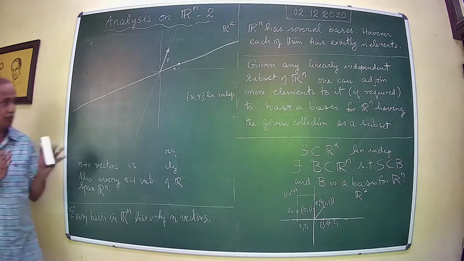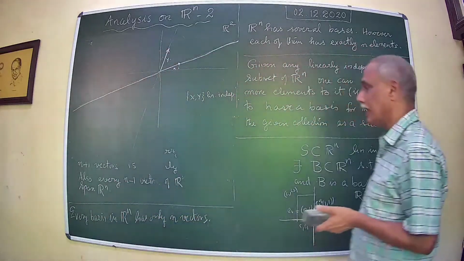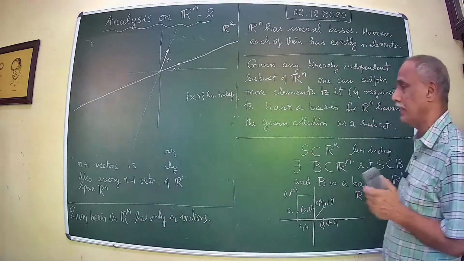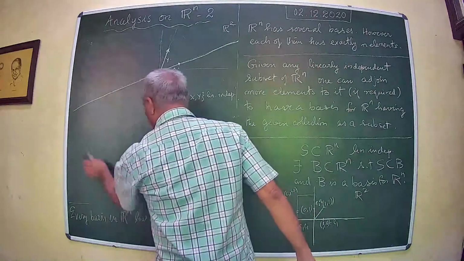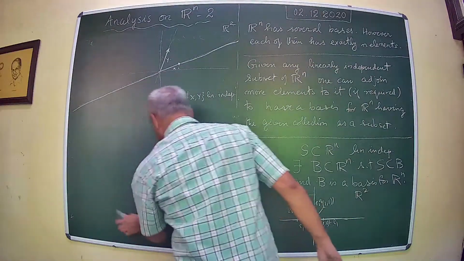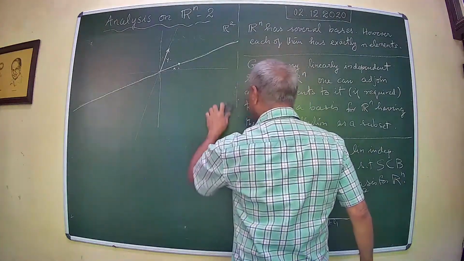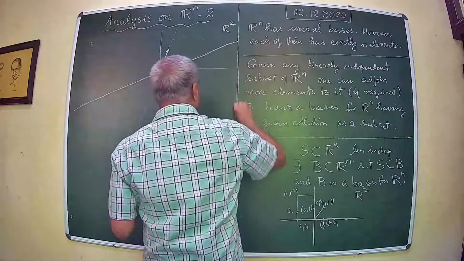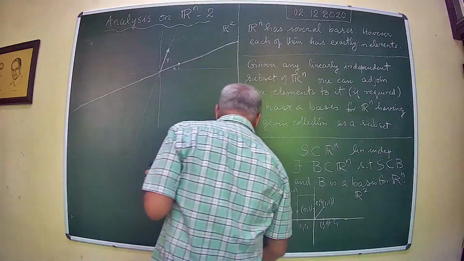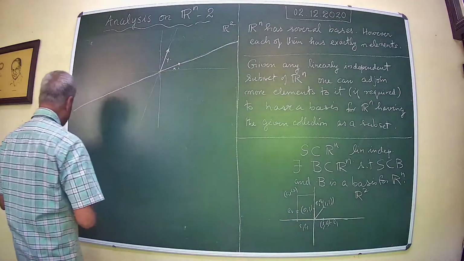Now this is what we have proved. In the case of Rn, every choice of coordinate system will consist of exactly n non-zero vectors. Okay? So this is a beautiful result that you have, and therefore every basis will consist of the same number of elements.